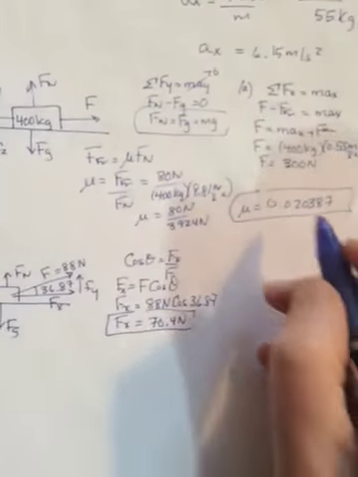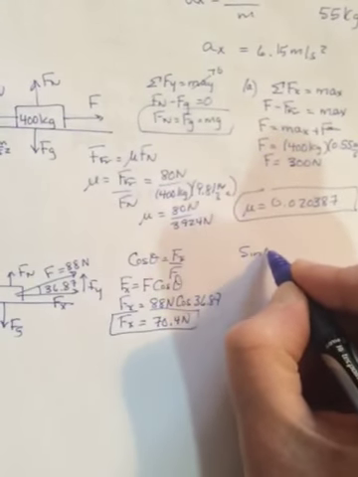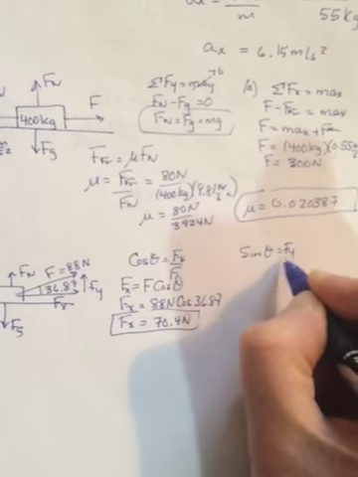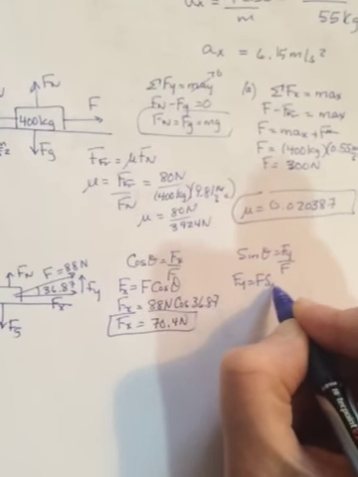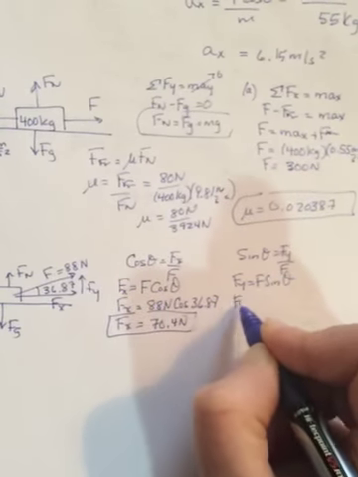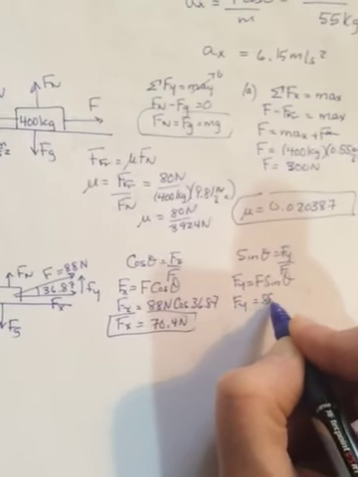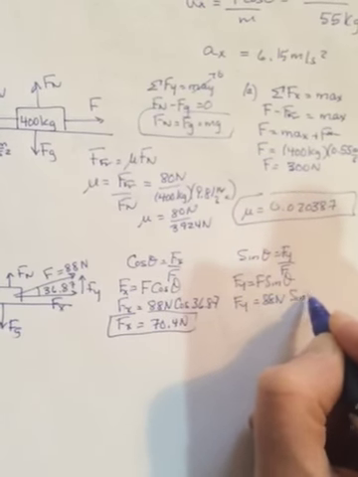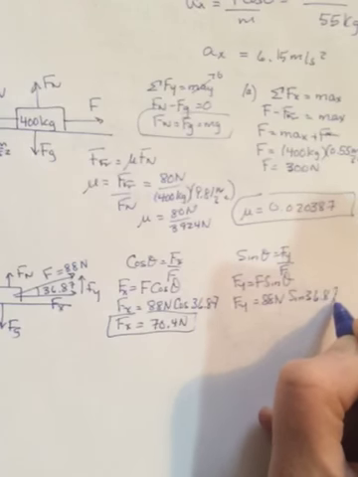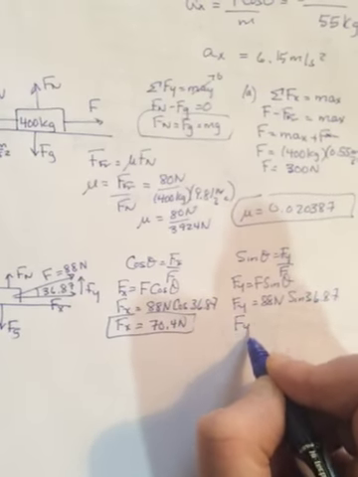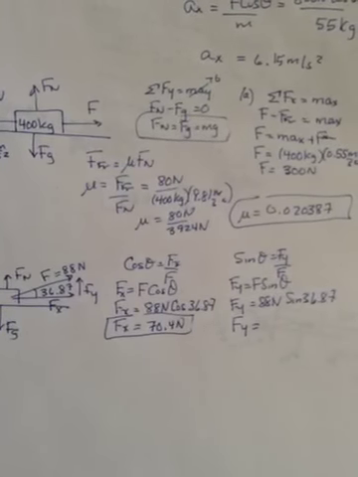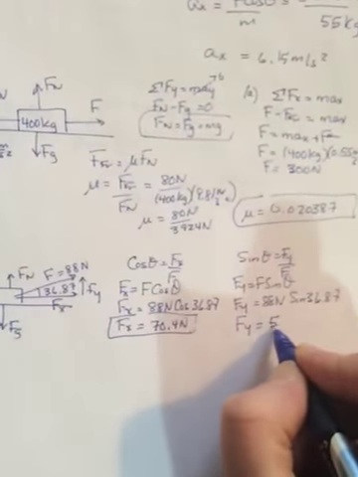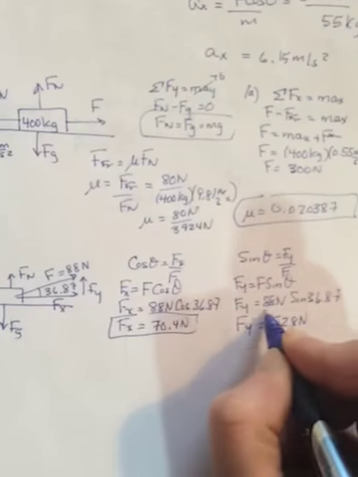And in the y, it'll be sine theta. So Fy will be F sine theta. So Fy is equal to 88 newtons sine of 36.87. So 88 times 0.6, 52.8 newtons. So you have your Fx and you have your Fy.